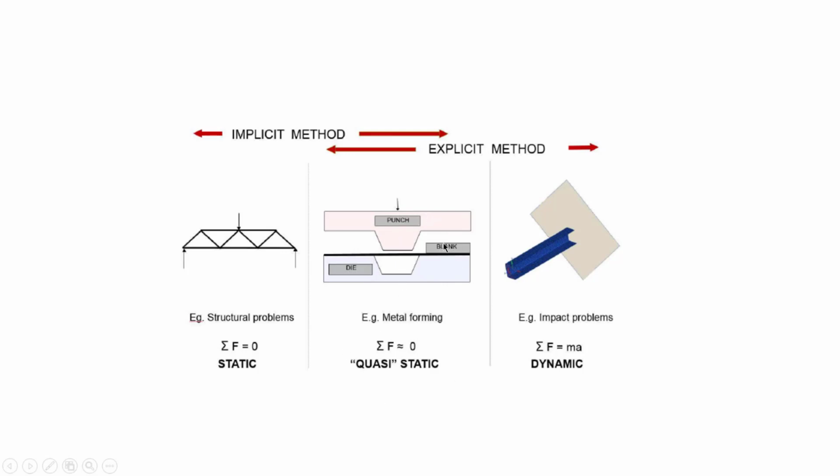Okay, when it comes to dynamic analysis, impact problems like the drop test, the crash analysis, okay, the sudden impacts will be considered in this dynamic analysis. Okay, I hope you got this particular differentiation between the implicit, explicit and quasi-static analysis.